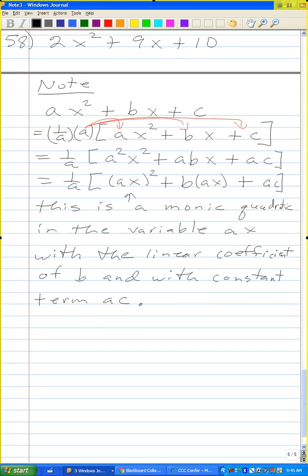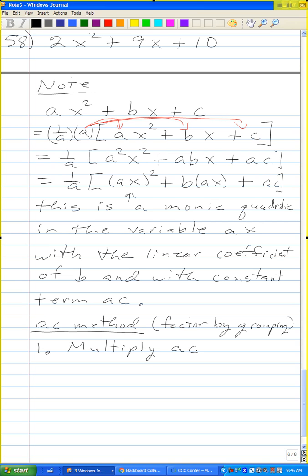And so first one that I guess I'll talk about is the so-called AC method. So let's do AC method. And so in the AC method, we'll be factoring by grouping. Okay, so the first thing that you should do is you should multiply AC.